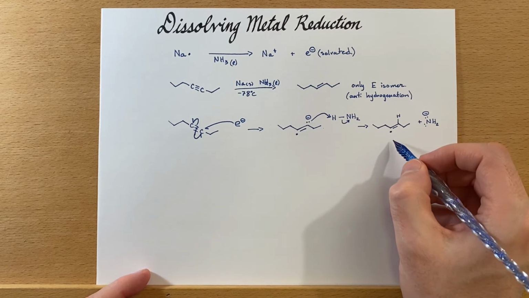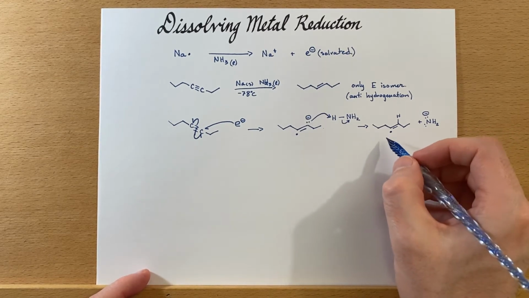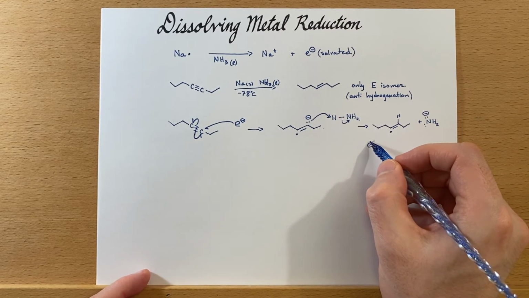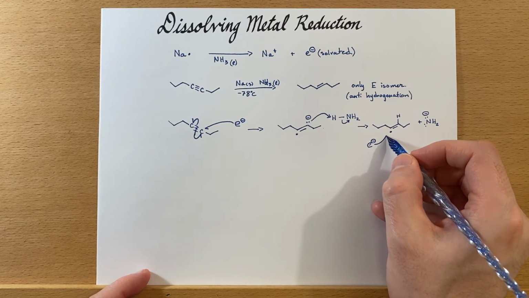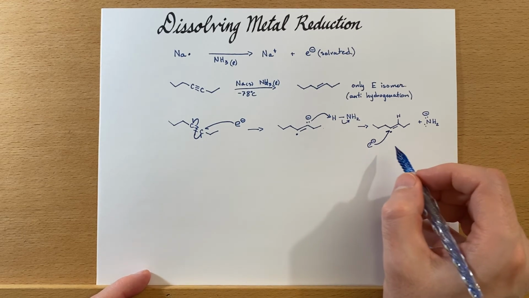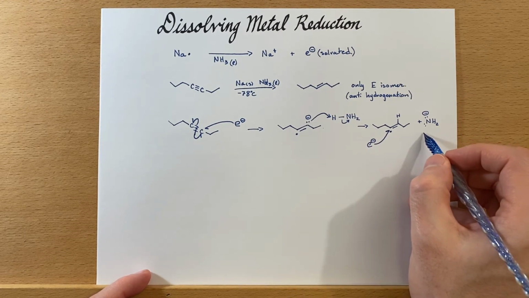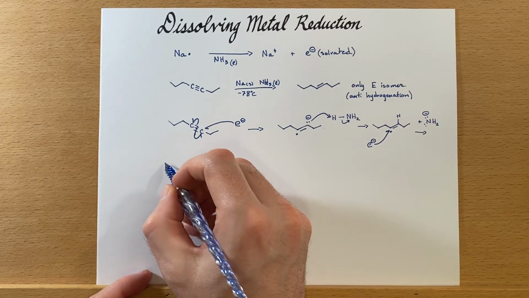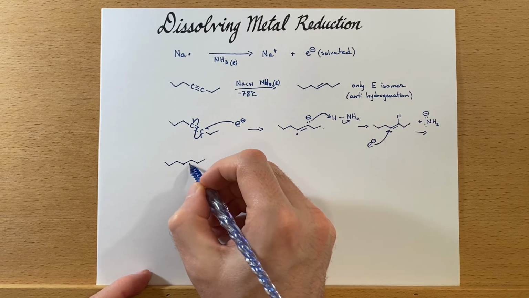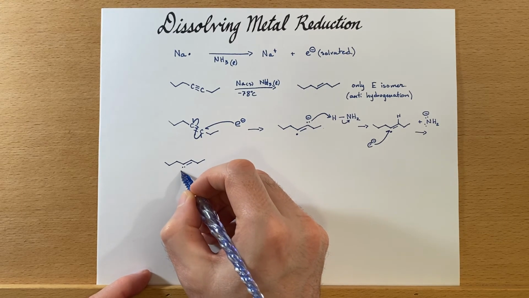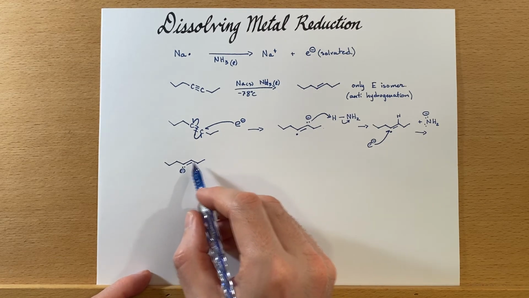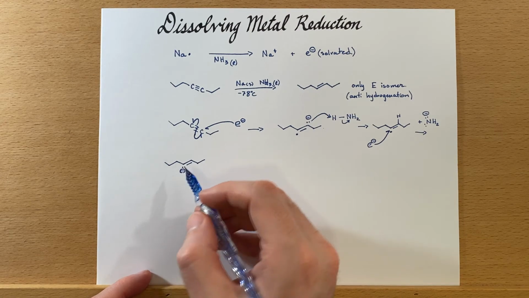Now, at this step, the process continues again. We have another solvated electron, and that's going to come in and react with our radical. That places a negative charge on the other carbon that was associated with the triple bond.